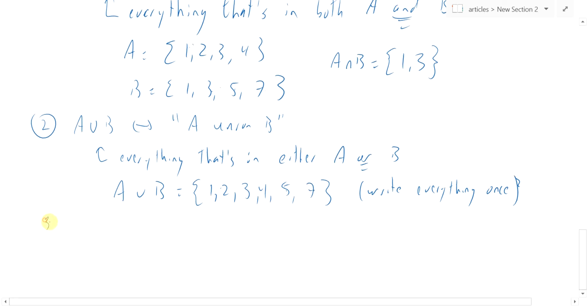Third part is complement. If A is a subset of U, then A prime or A complement. Complement is denoted by having a little prime up there.